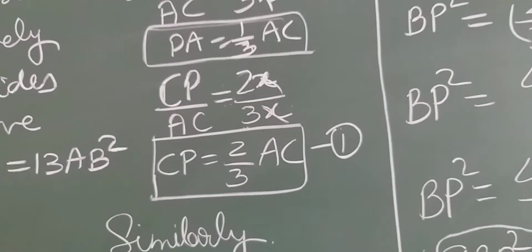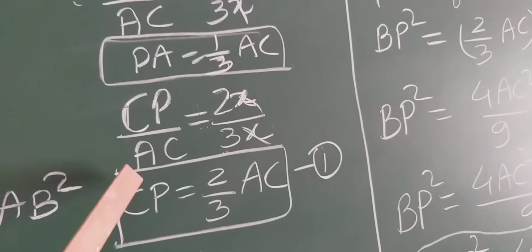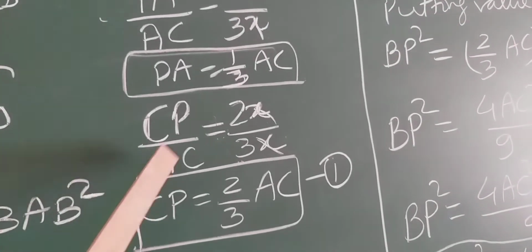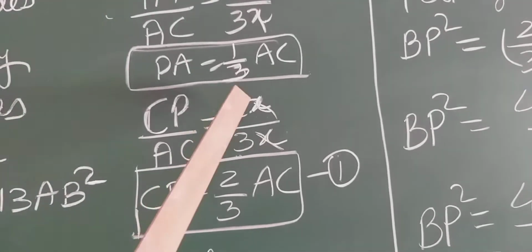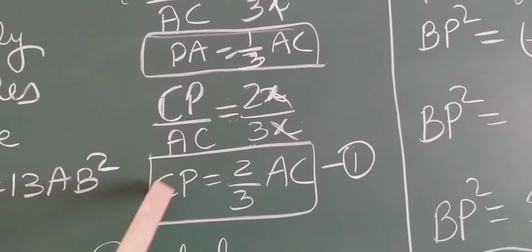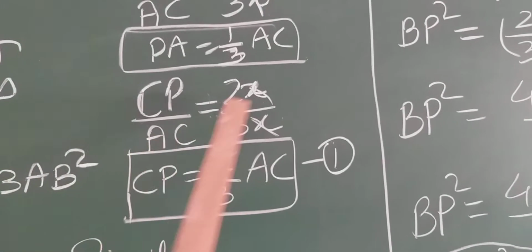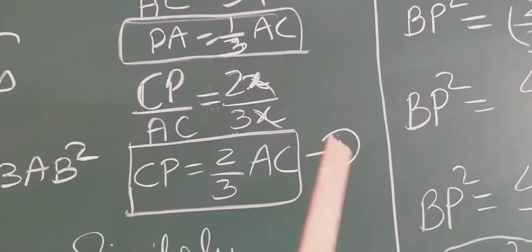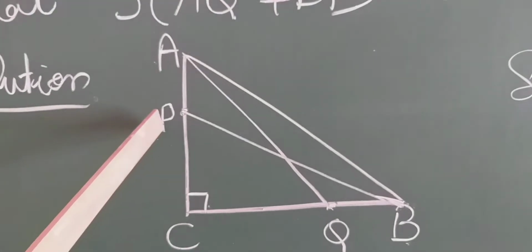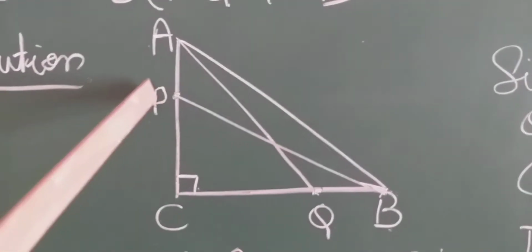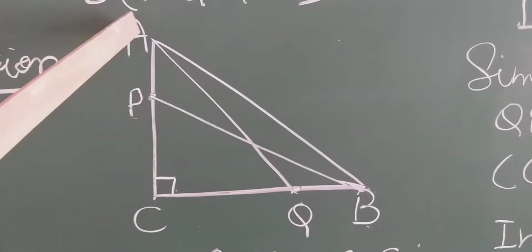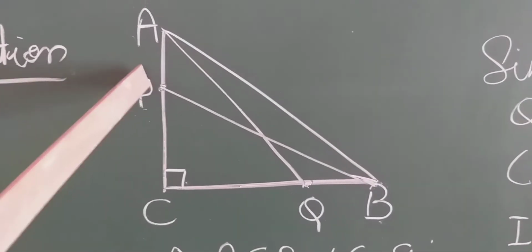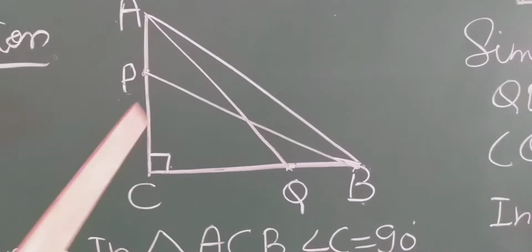Now CP upon AC, CP is 2x, AC is 3x, x cancels. So CP equals 2 upon 3 AC.